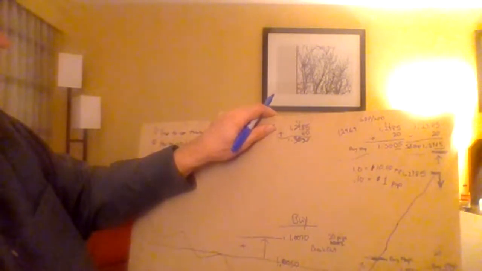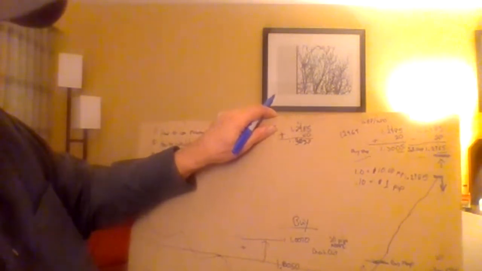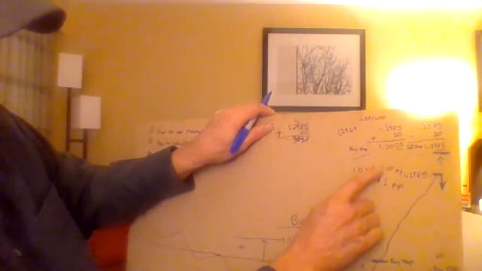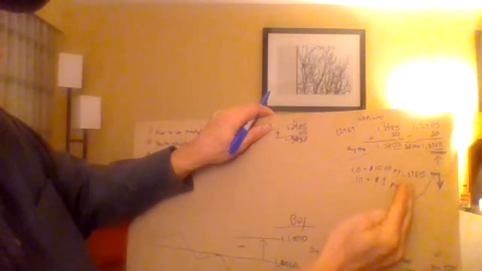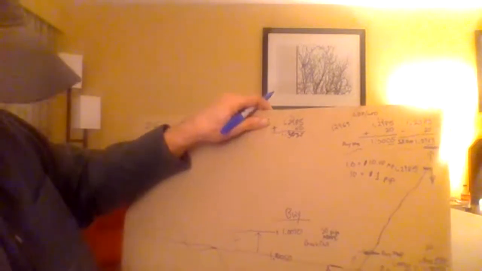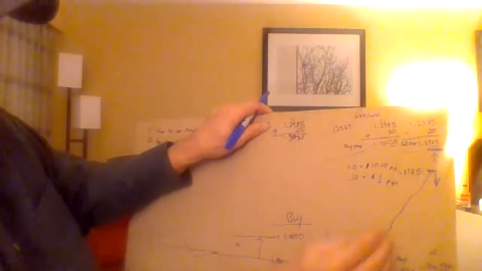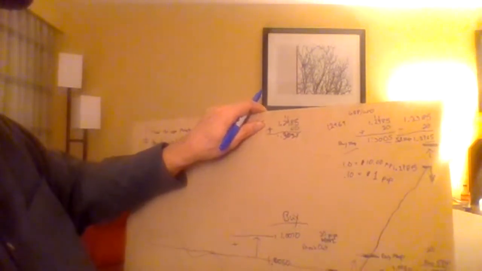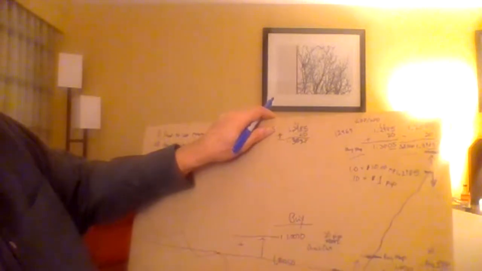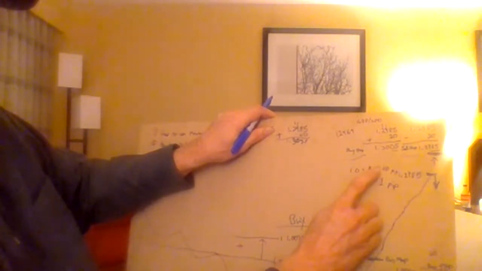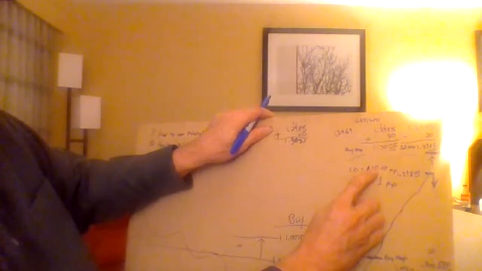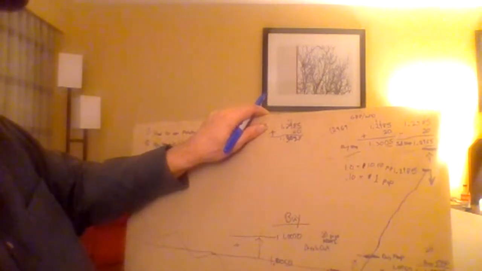I'm risking 400 to make 1,000 because each one of those pips is $10. So if I'm putting my stop loss 40 pips away, that means I cannot lose more than 40 pips times $10 a pip, which is $400.